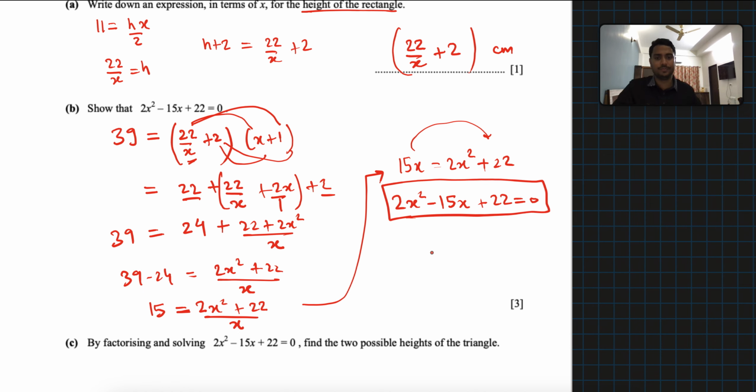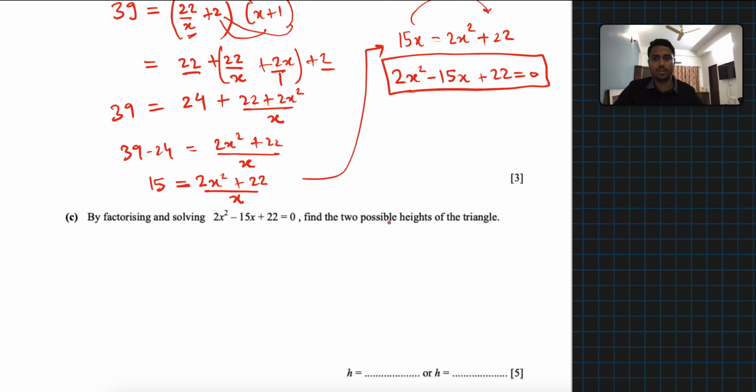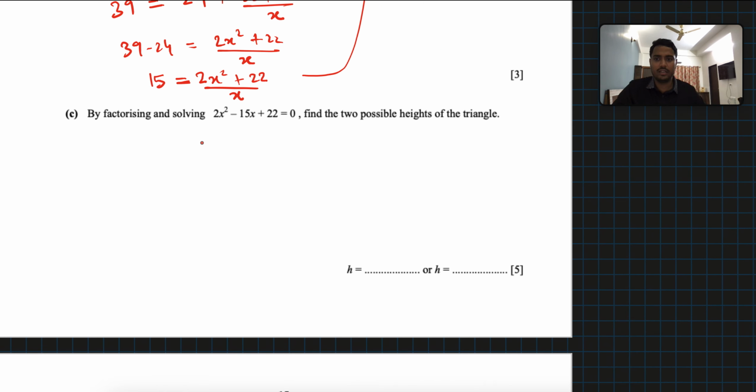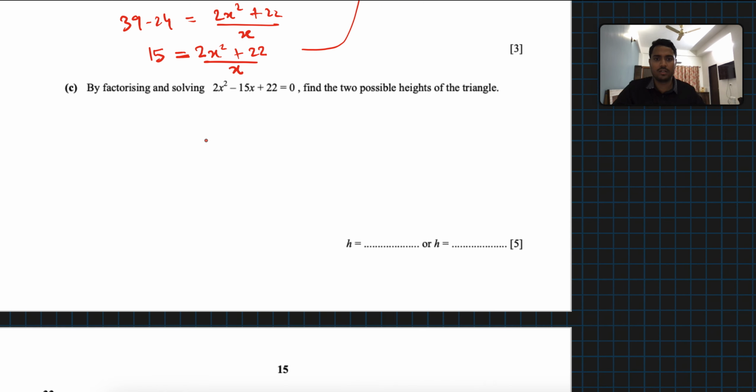So that's the answer. Moving on to the next part, it says by factorizing and solving 2x square minus 15x plus 22, find the two possible heights of the triangle. Okay, using the factorization method, let's do rough work.